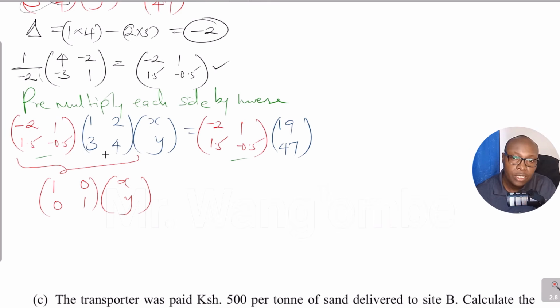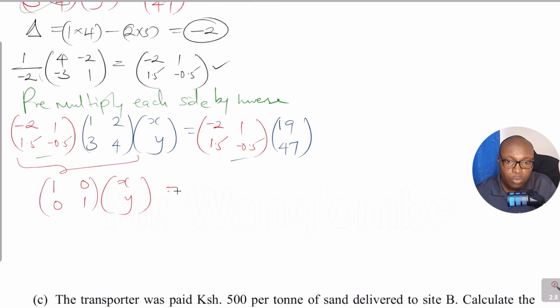An identity matrix of order 2 by 2 is of this nature, 1, 0, 0, 1. An identity matrix has no effect when you multiply it with any other matrix. It's simply like multiplying anything by 1. When you multiply anything by 1, you don't change it.